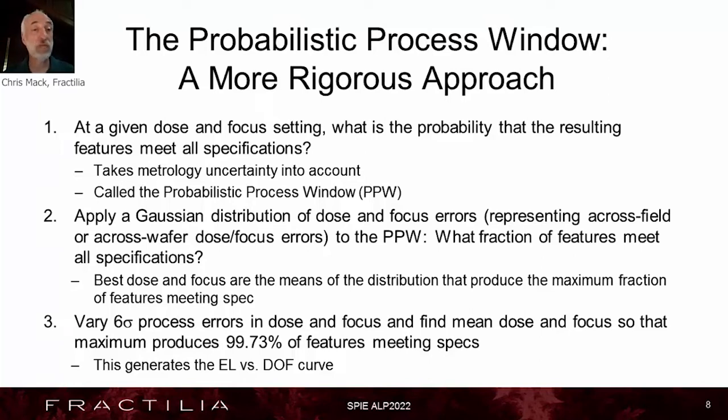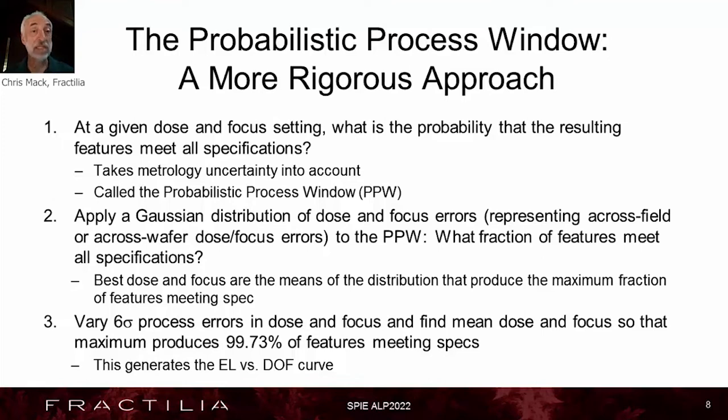It's a plot of the probability of meeting every spec that you have as a function of dose and focus. Then we're going to measure the size of this probabilistic process window probabilistically. We will assume that dose and focus are set at a particular value, but then around that dose and focus setting, there are errors in our process. Cross field, cross wafer, whatever they might be, we have a Gaussian distribution of dose and focus errors that exist in real life on our wafer.